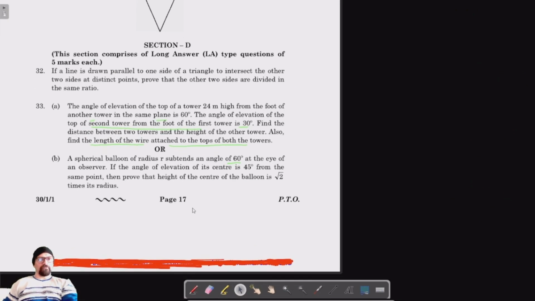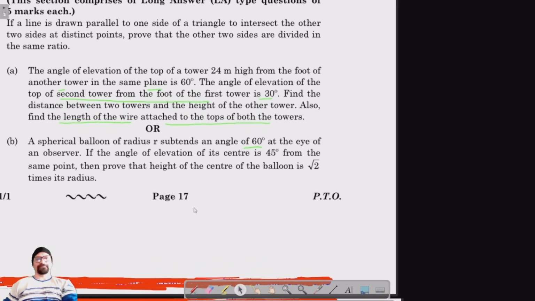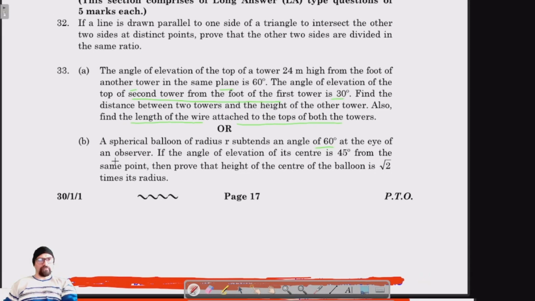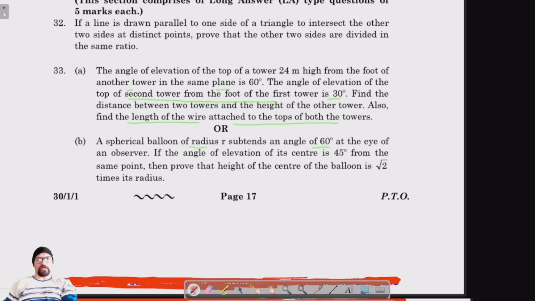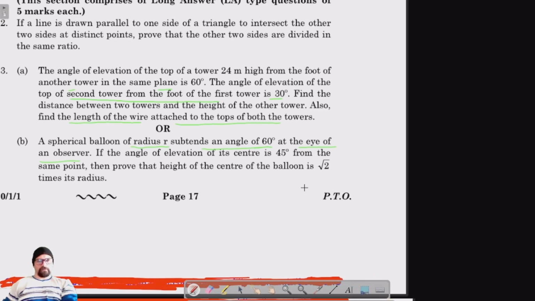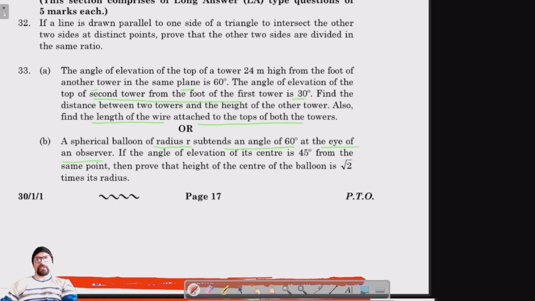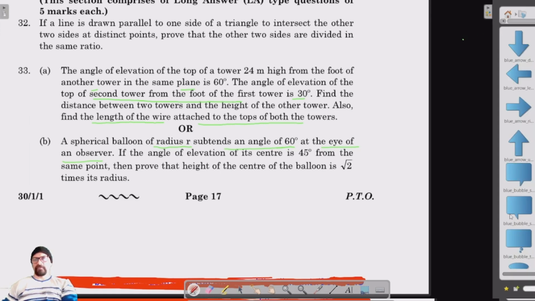For the part B of question number 33, it's given that a spherical balloon of radius r subtends an angle of 60 degree at the eye of an observer. So let's see how is the spherical balloon going to subtend an angle of 60 degree at the eye of the observer.